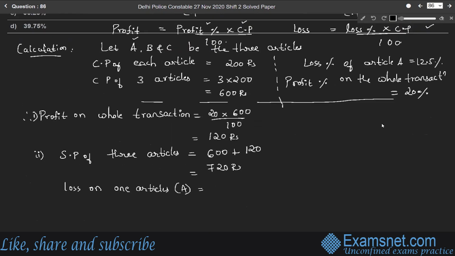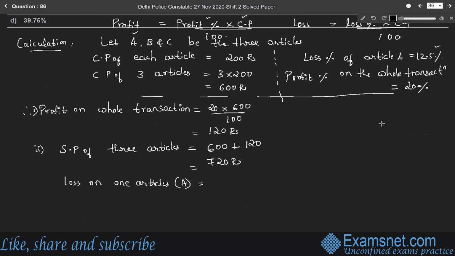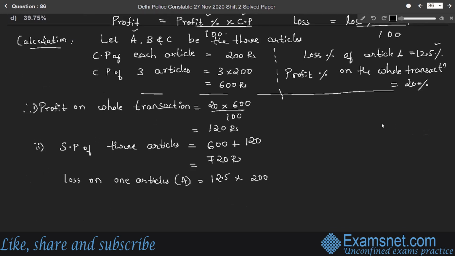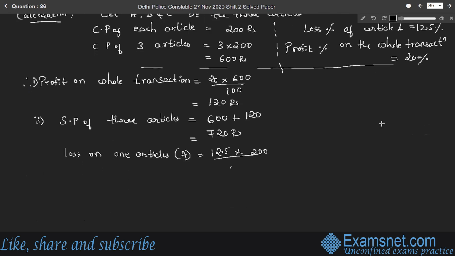What is the loss percentage here? 12.5. Loss on one article is 12.5 into the cost price of one article, which is 200, divided by 100. Therefore, loss on one article is 25 rupees.